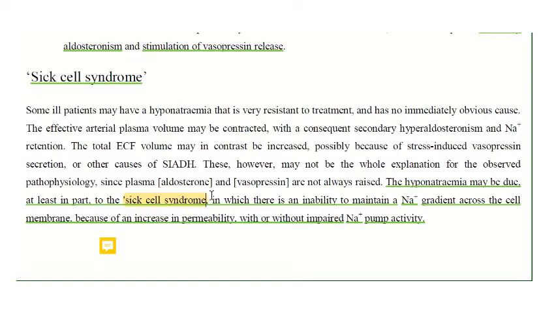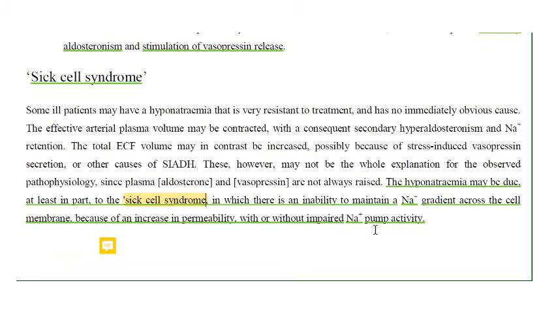The hyponatremia may be due, at least in part, to the sick cell syndrome. إذن hyponatremia احتمال may be due to تكون بسبب at least in part على الأقل في جزء to the sick cell syndrome, in which there is an inability to maintain a sodium gradient across the cell membrane. في هذه الحالة there is عدم القدرة للحفاظ على sodium gradient across the cell membrane because of an increased impermeability with or without impaired sodium pump activity.